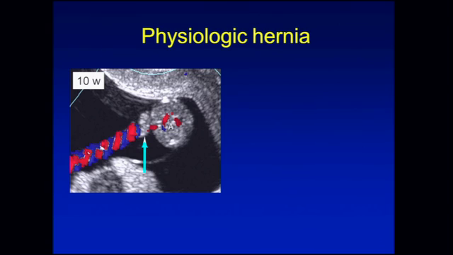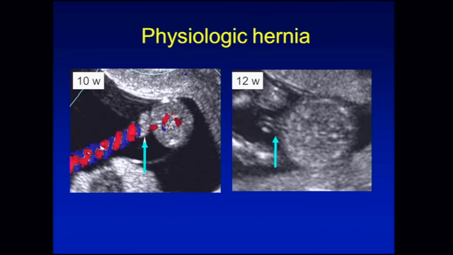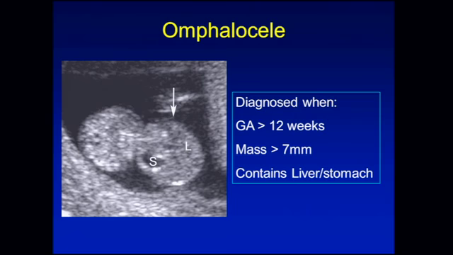Physiologic midgut herniation occurs at 8 to 10 weeks, and we can see an echogenic mass at the base of the umbilical cord in this 10-week fetus due to physiologic midgut herniation. By 12 weeks, the bowel would have moved into the normal position inside the abdomen, so we have normal cord insertion here.